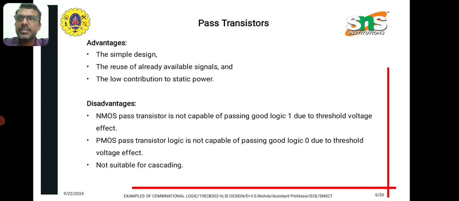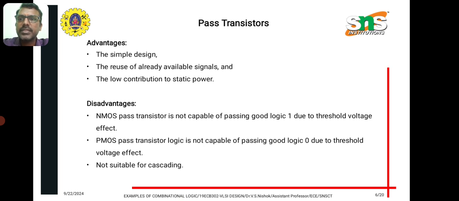Coming to its advantages and disadvantages, it is simpler to design, allows reuse of already available signals, and has low contribution to static power. So these are some main key advantages of pass transistor logic. Coming to the disadvantages, an NMOS pass transistor is not capable of passing a good logic 1 due to the threshold voltage effect.